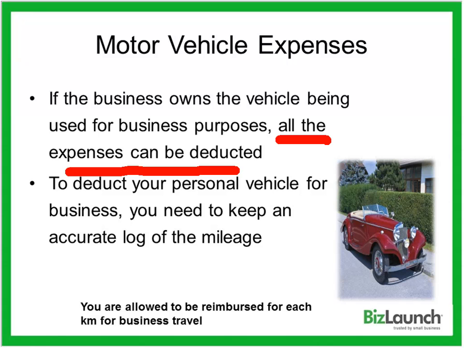I can deduct 350 kilometers by the kilometer amount. And this amount changes. I think at the moment it's about 55 cents, but you'll have to check with your accountant. So for every kilometer that I use my personal vehicle, I can deduct 55 cents, okay? Okay, so that's the way you can do that.